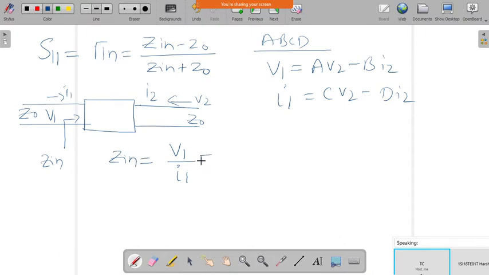Now if I substitute that, V1 is nothing but A V2 minus B I2, divided by C V2 minus D I2.